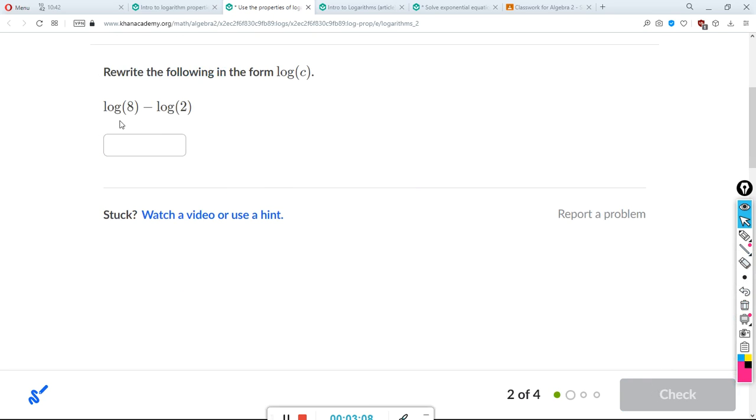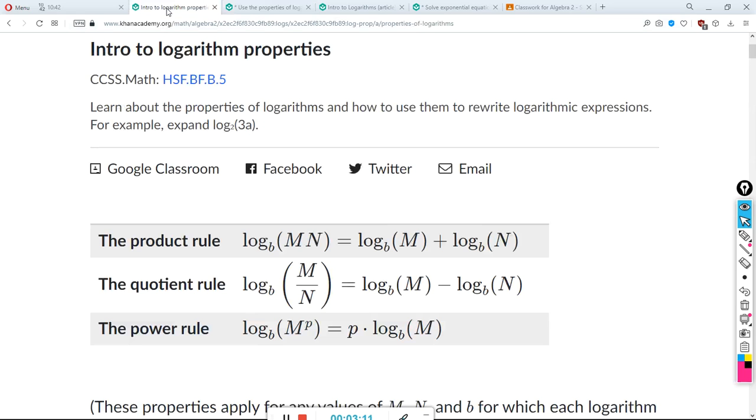Okay, here we're subtracting the two numbers. And we just said for the quotient rule, when you subtract the two logs, it's the log of this divided by this. So since we're subtracting, we're just going to do m divided by n and take the log of that.